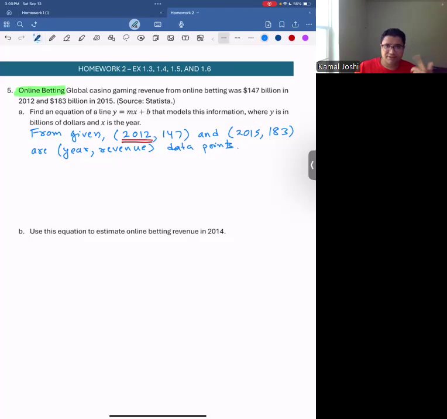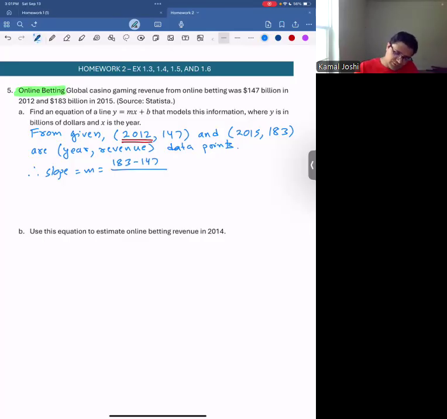So like in the problems that we were doing before, first we have to find the slope, right? Therefore, the slope m is going to be y2 minus y1, 183 minus 147, because y is the revenue in billions of dollars.